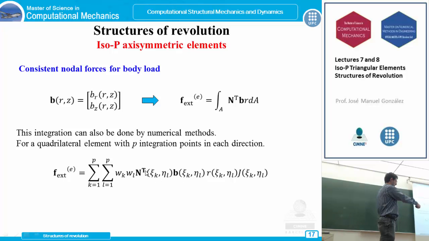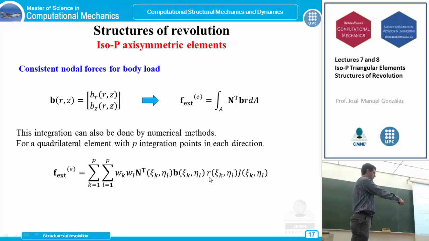This is the shape function matrix depending on the natural coordinates. This is the body forces, again depending on the natural coordinates, so we must change this variable. That's why we use this Jacobian matrix, which involves the partial derivatives with respect to the natural coordinates. In general this is a matrix depending on the natural coordinates, and again we must calculate this radial coordinate.